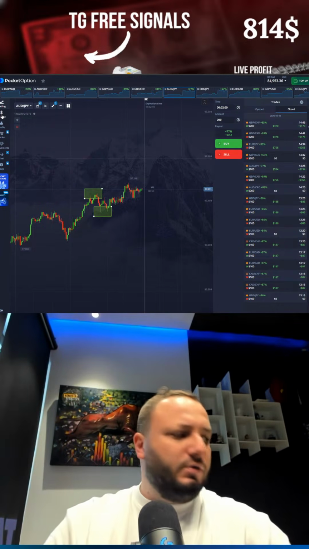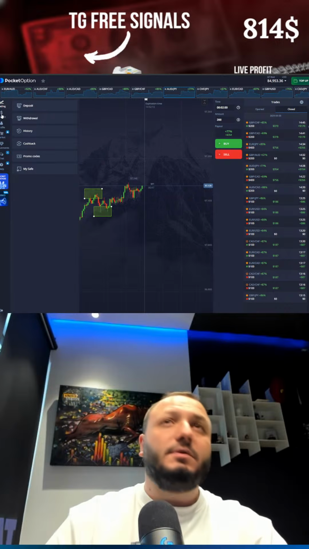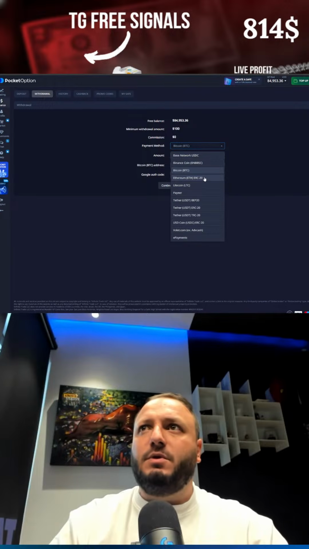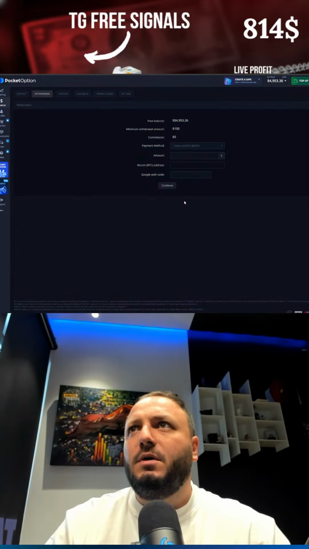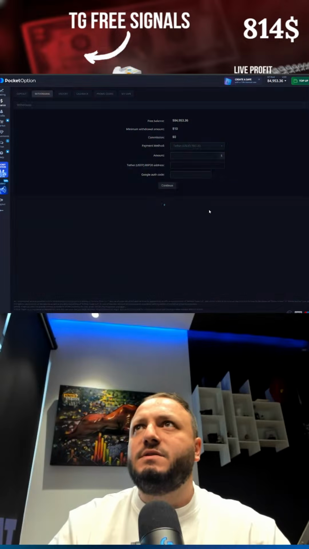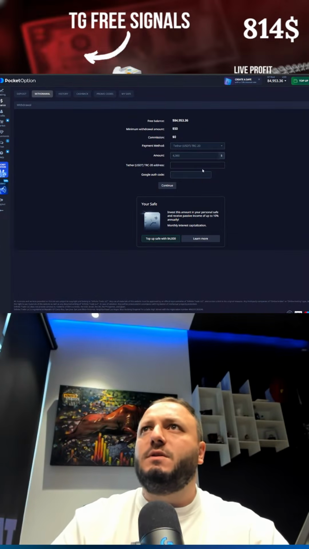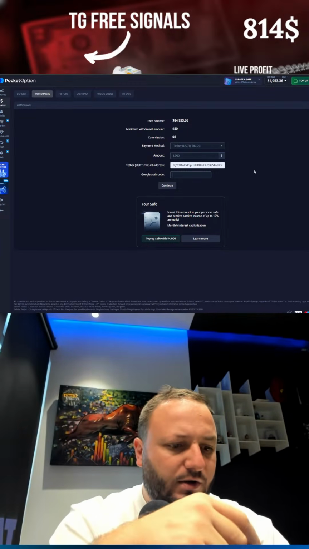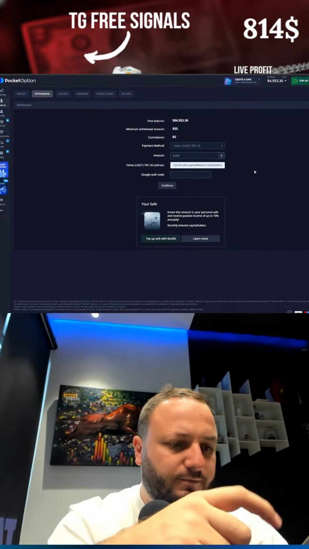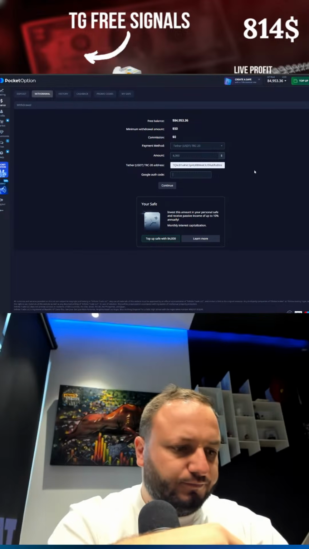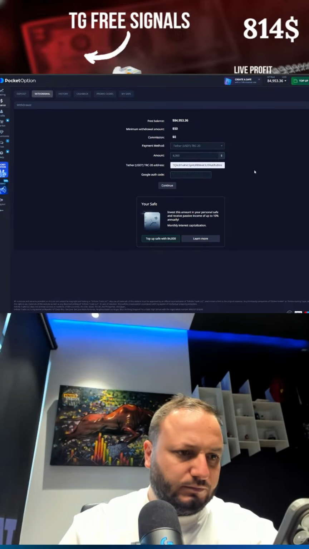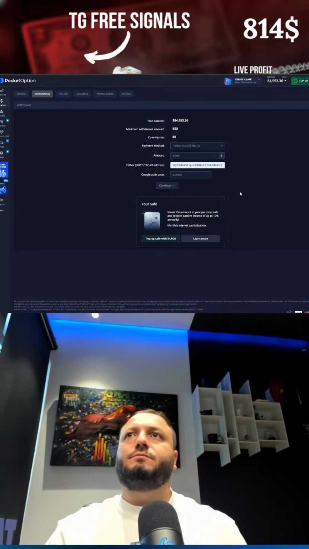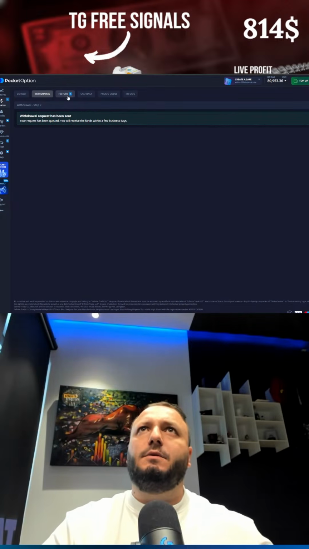And right now I'm going to withdraw some amount. Let me withdraw $4,000 to my cryptocurrency account. Oh, sorry, Tether USDT TRC20, amount 4,000. This is my amount, and I need to put in an authentication code from Google. Perfect.